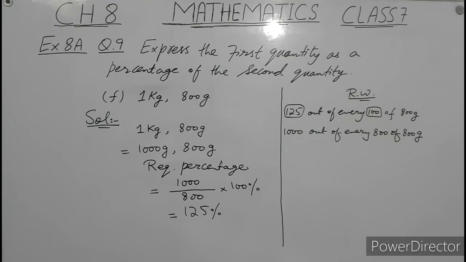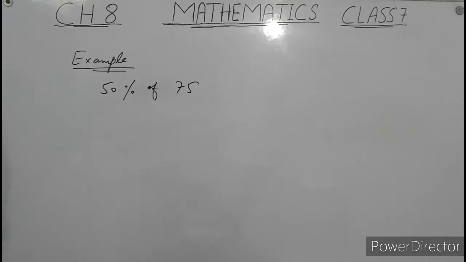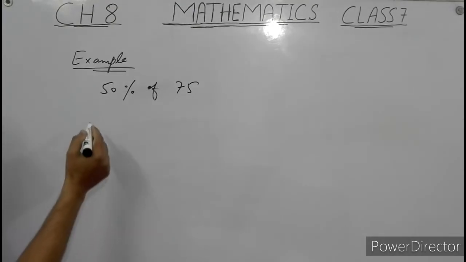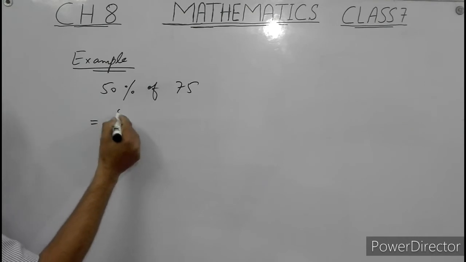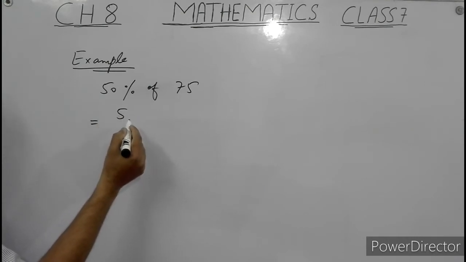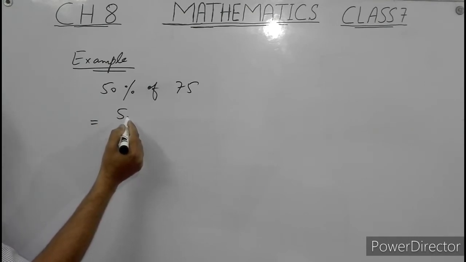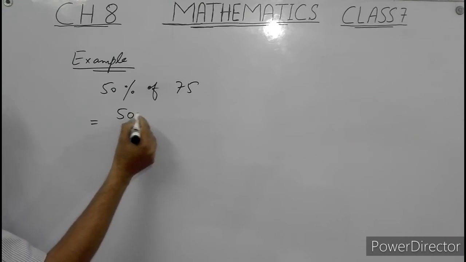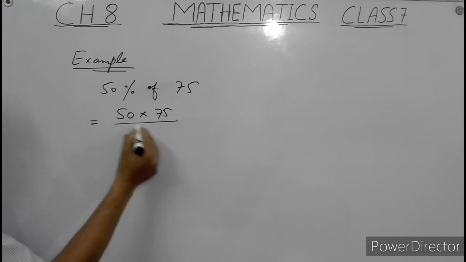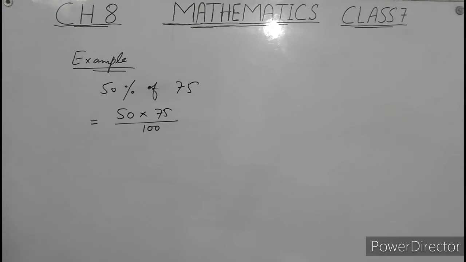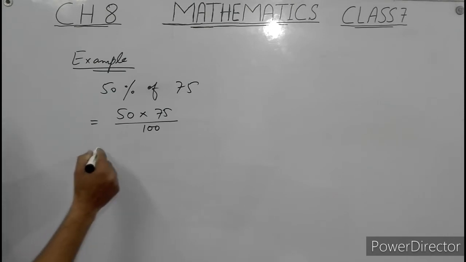Now I take another example. 50% of 75 will be 50 multiplied by 75 over 100, and by using calculator we will get 37.5.